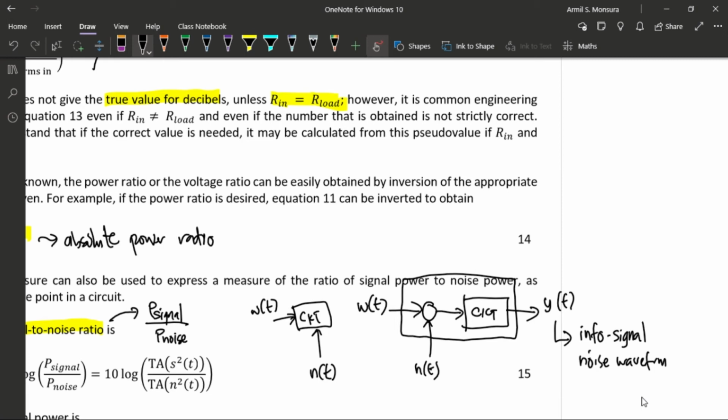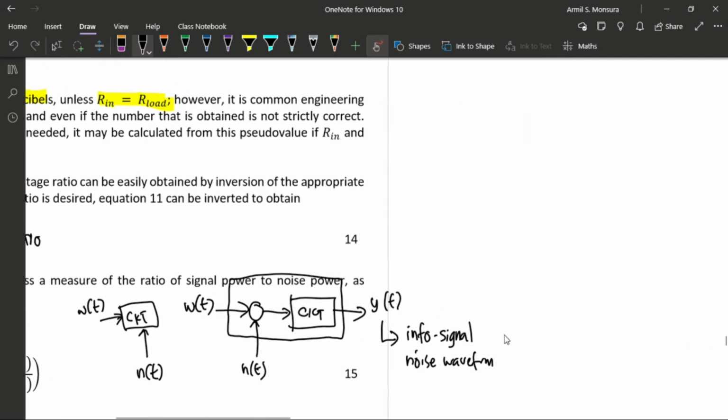Now, assuming na linear itong circuit natin, we can actually separate the power that will be dissipated by this information bearing signal to your load, and the power to be dissipated by your noise waveform to the same load.